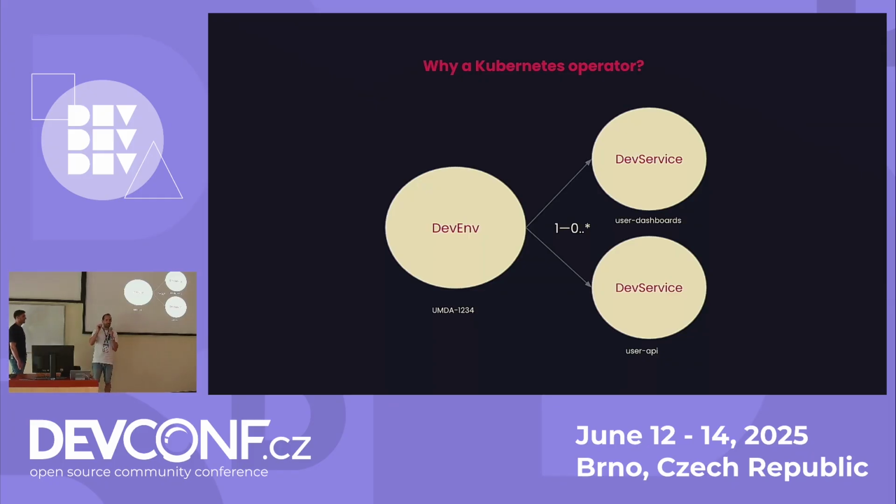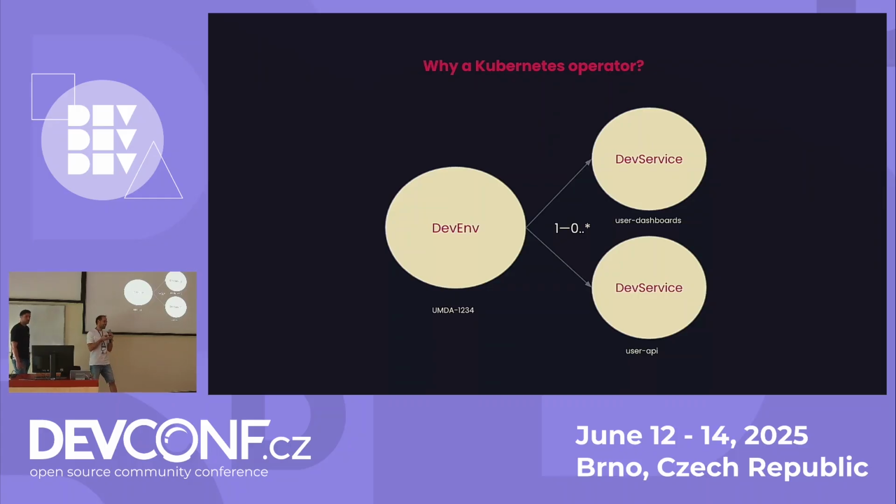So we have a Kubernetes object, which we call DevEnv. It's a CRD, it's our own CRD. And this DevEnv has all the information that Kubernetes knows about the dev environment: when it got created, when it will get taken down, who triggered it, how many services it includes, and stuff like that. And then every microservice will have its own CRD, which will be called DevService.